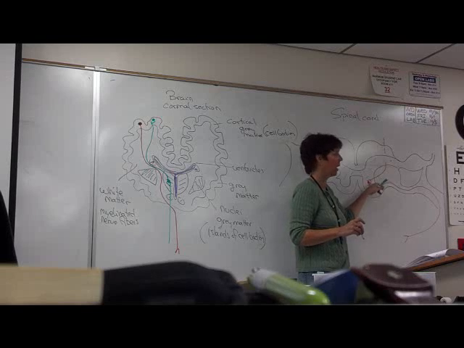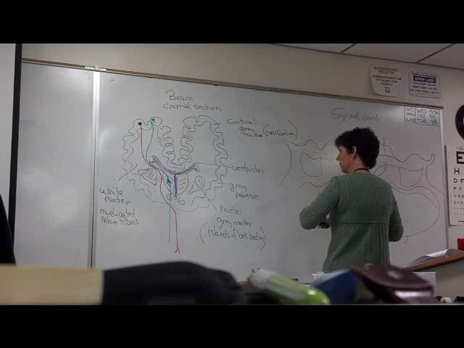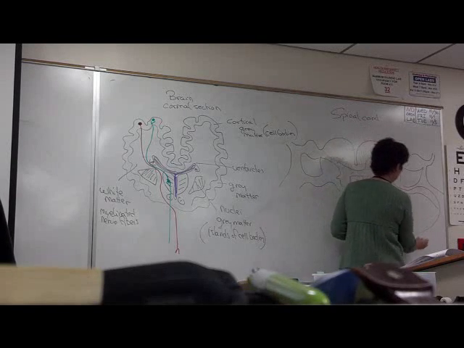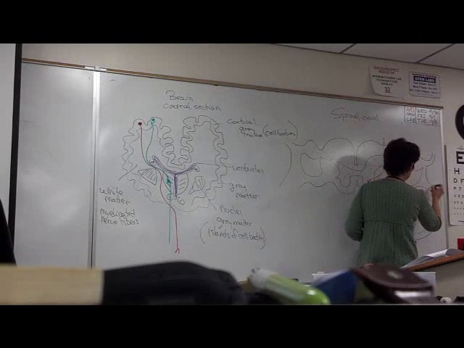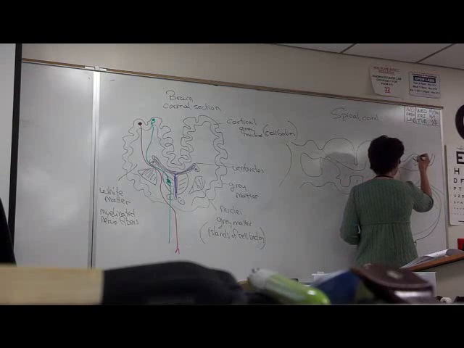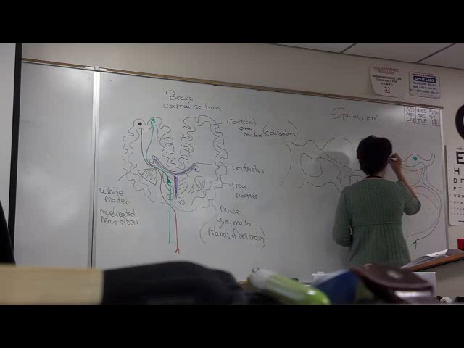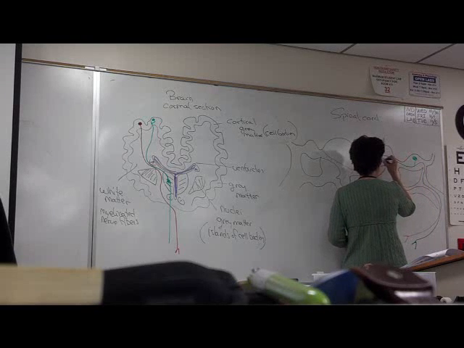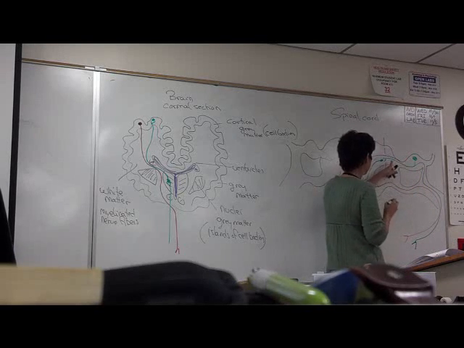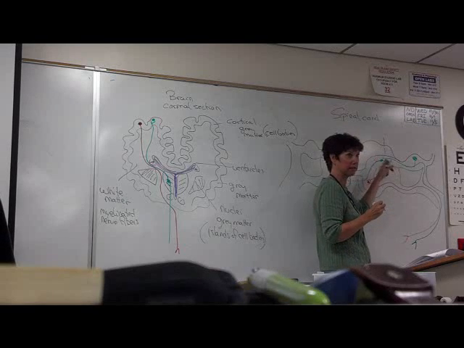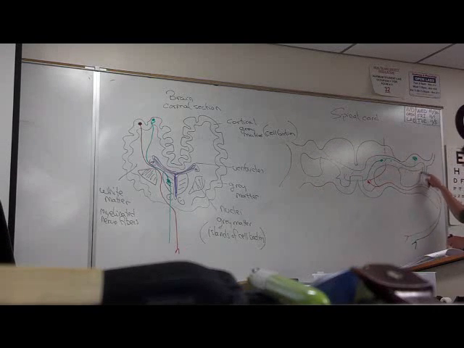Okay. Now a sensory neuron is going to come in. Its cell body is out here, and it's going to come in and synapse with another cell body here. So we have gray matter here. Notice we also have this gray matter outside the central nervous system.